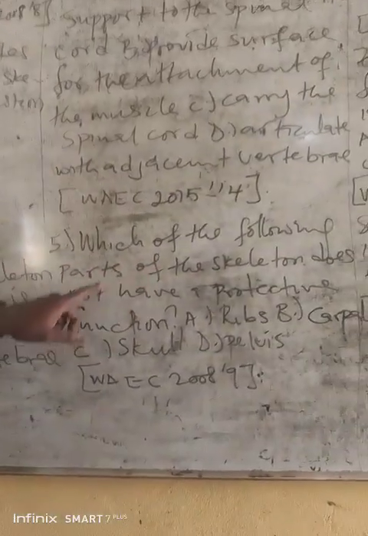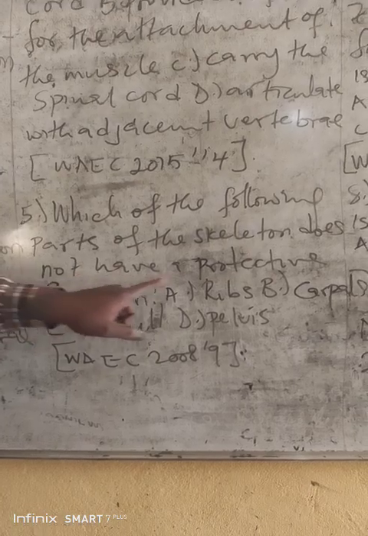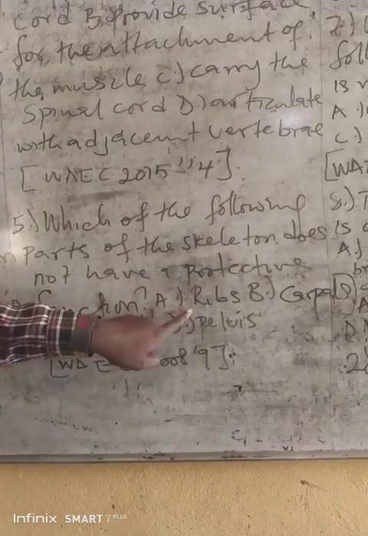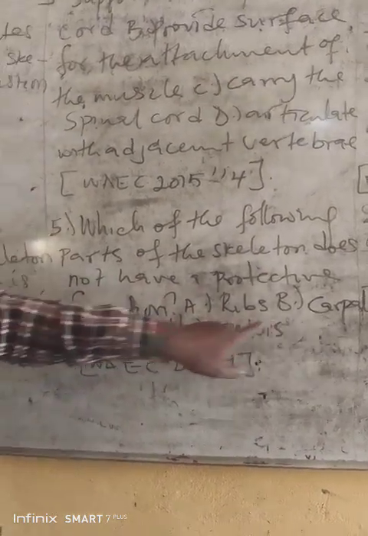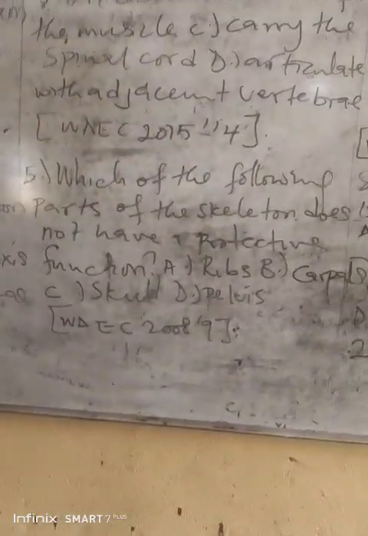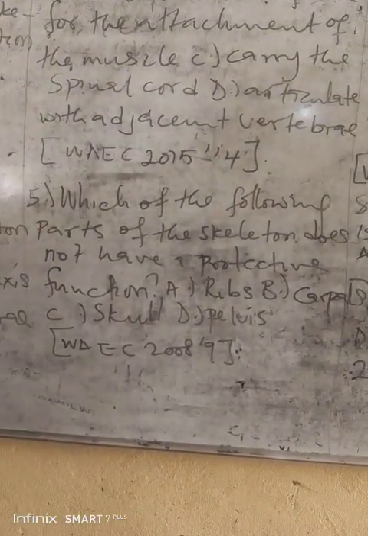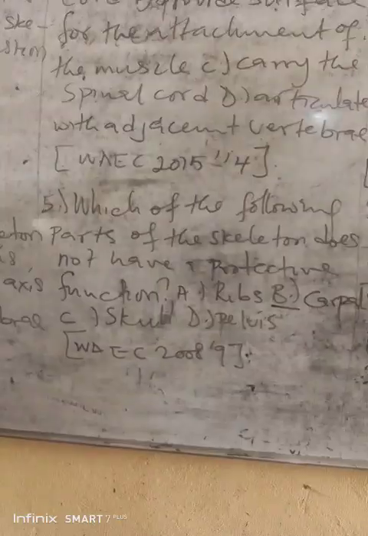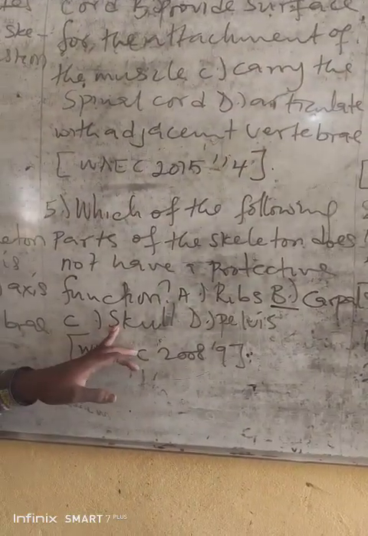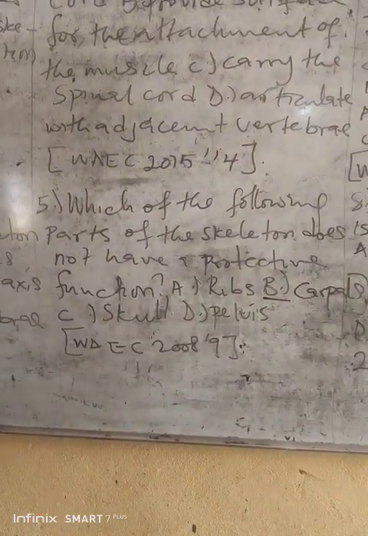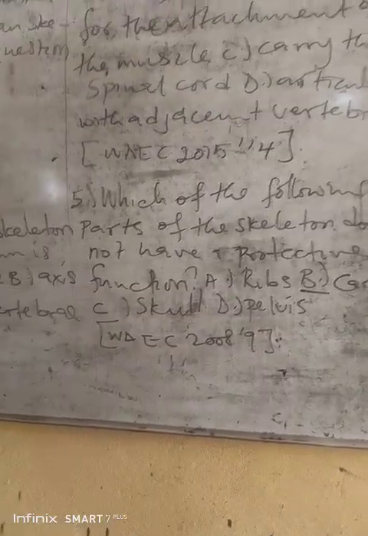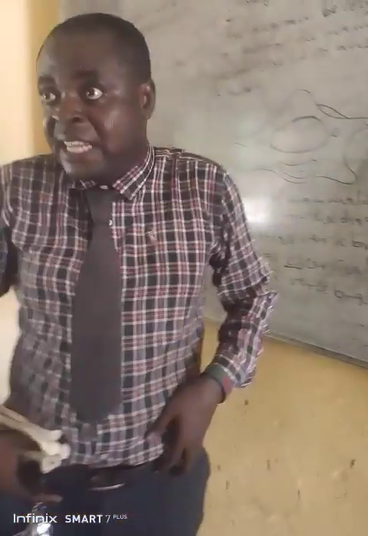Ribs protect the heart and the lungs. Carpals, what do they protect? This wrist. Do they protect anything? No. The answer is carpal. It is not the skull because the skull protects the brain. The pelvis protects; that's where the womb of the females is. You understand that now? So that is it.